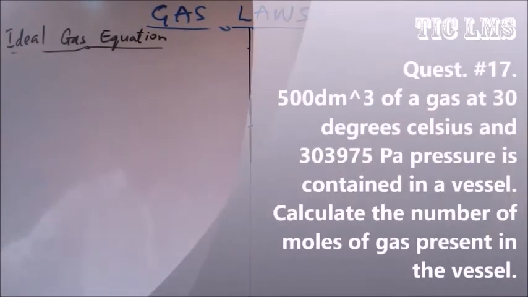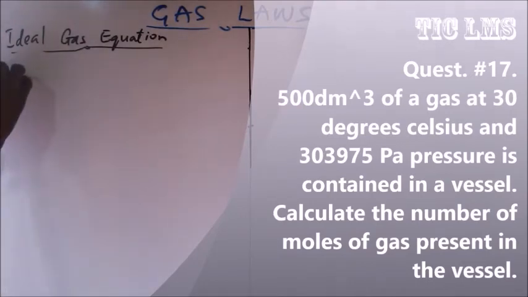500 dm cubed of a gas at 30 degrees Celsius and 303,975 Pascal pressure is contained in a vessel. Calculate the number of moles of gas present in the vessel. Now we state our parameters.